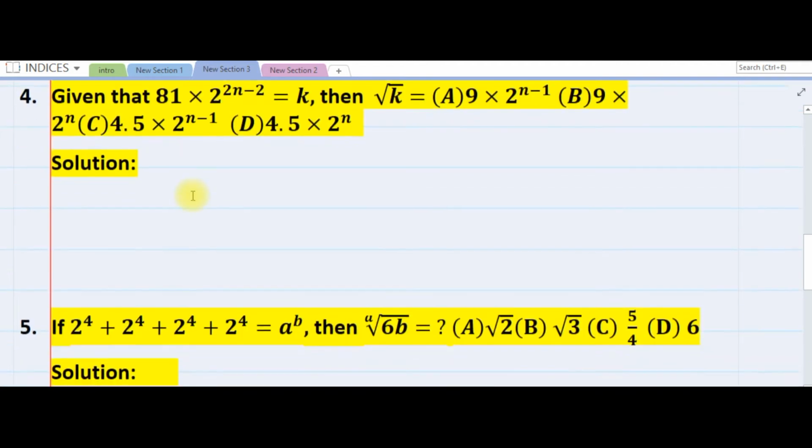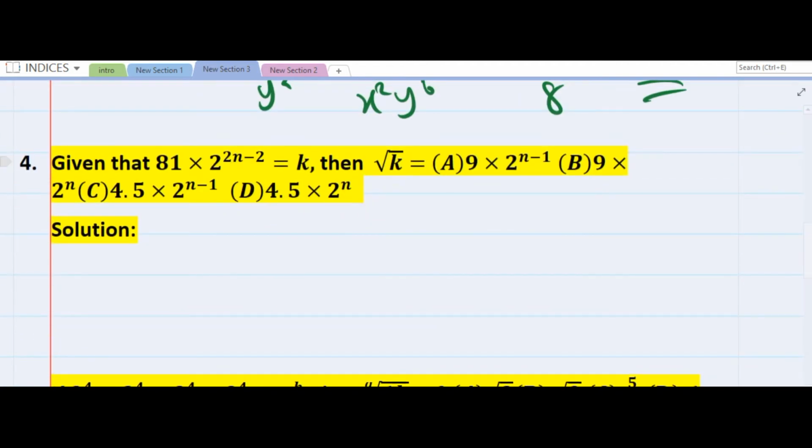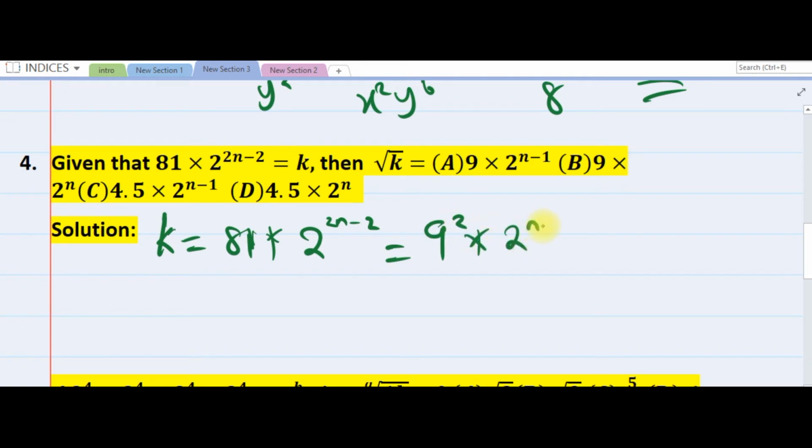So the next question, we are given that this equals that, and we're asked to find the square root of k. They gave us that k equals 81 times 2 raised to power 2n minus 2. Since we are looking for the square root, I can write 81 so that a square is there, and if you move it, it becomes a square root. So I will write the right hand side in terms of squares. So this is 9 squared times 2 raised to n minus 1 all squared.